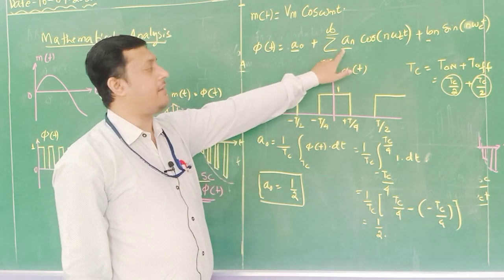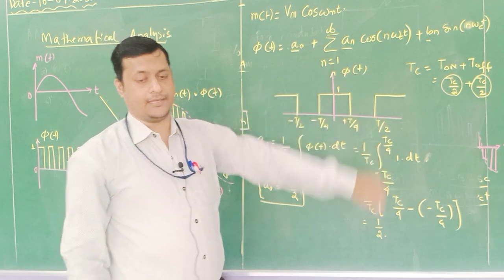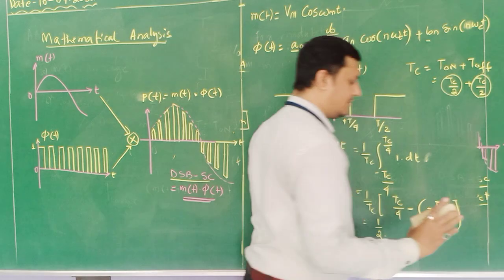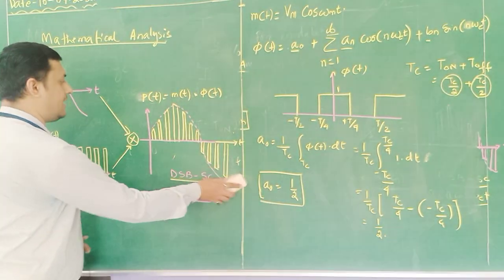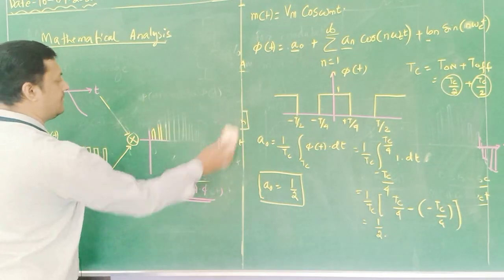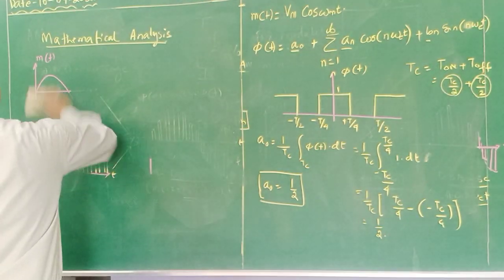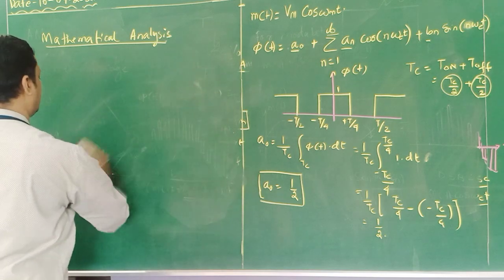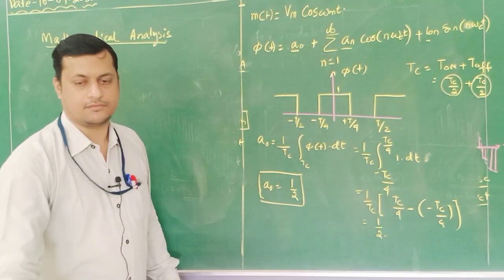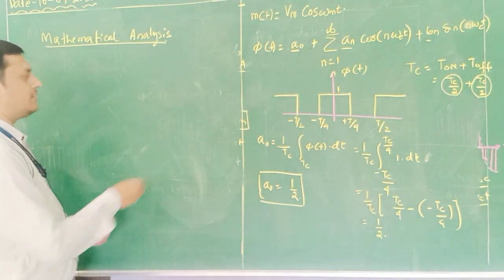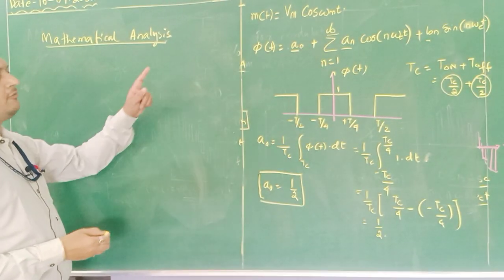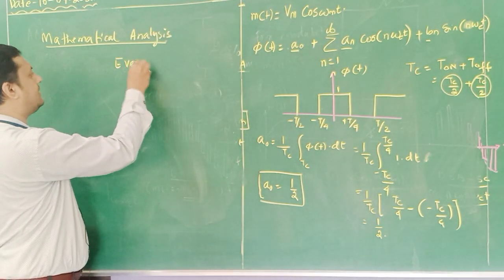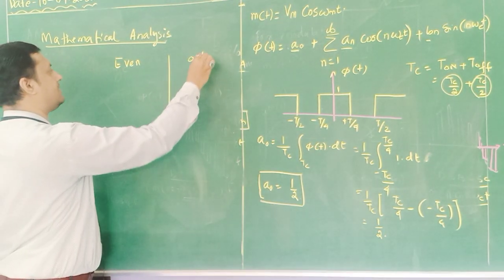Similarly, we have to identify An, we have to identify Bn. How we will identify? Let's see. So this side I am erasing it. Okay. Now, in Fourier series, we have two cases, even case and odd case.